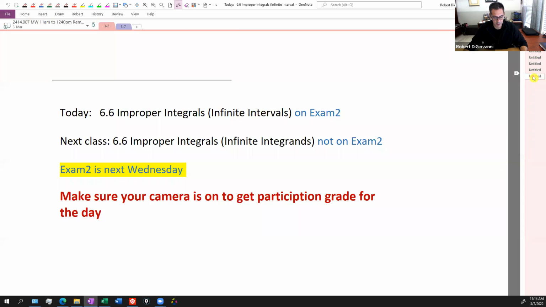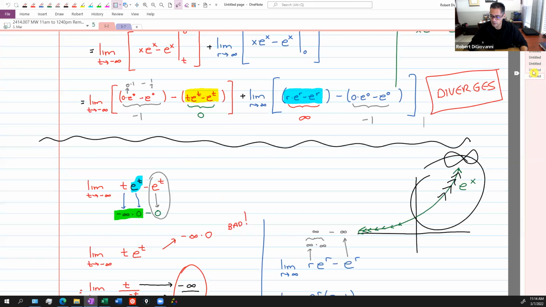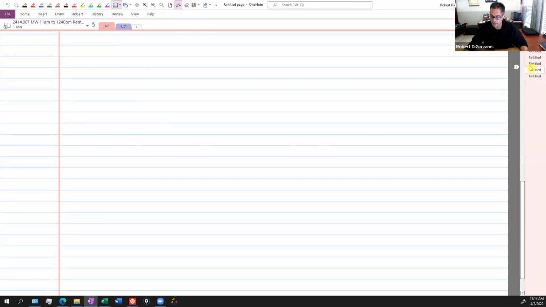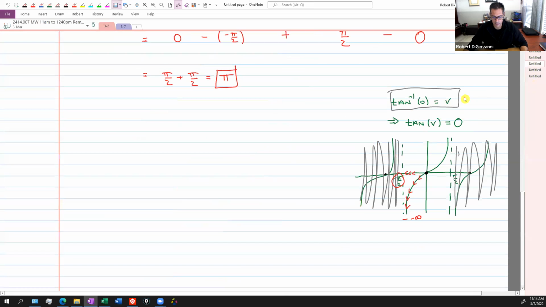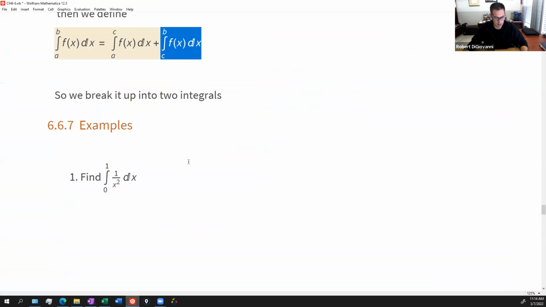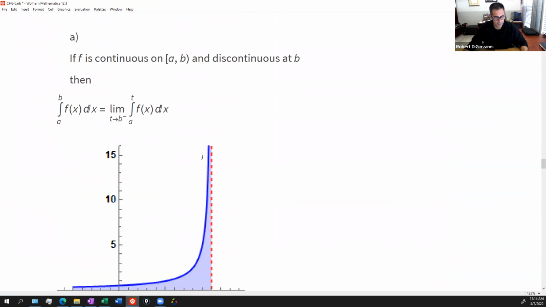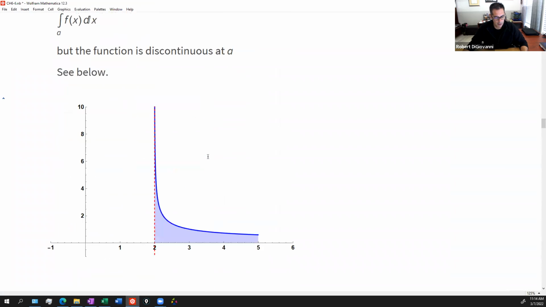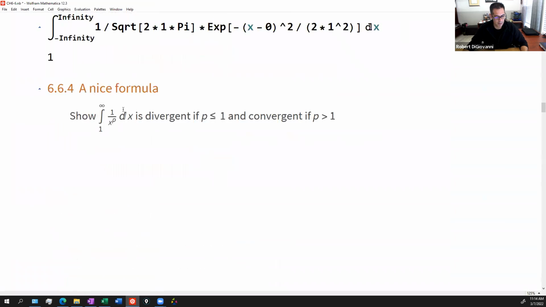And it's kind of interesting, because I ended class last time with this rule. Let me see if it's here. I know I did. Hold on, where is it? You know what? It's in the notes. I know I wrote it down somewhere. Here we go. This formula: the integral from 1 to infinity of 1 over x to the p is divergent if p is less than or equal to 1 and convergent if p is greater than 1, right?